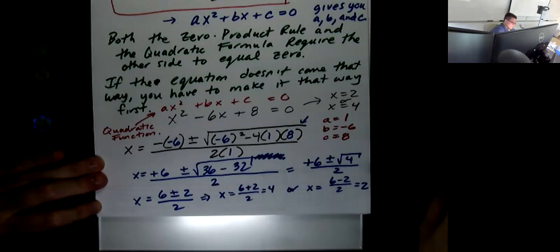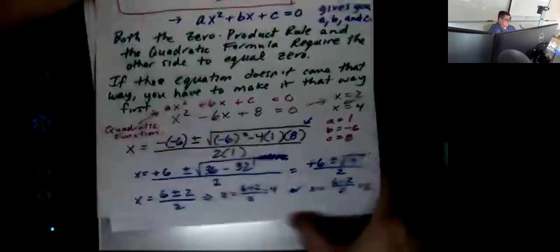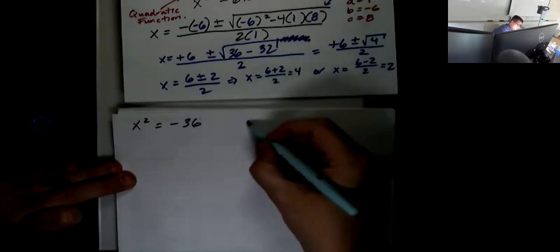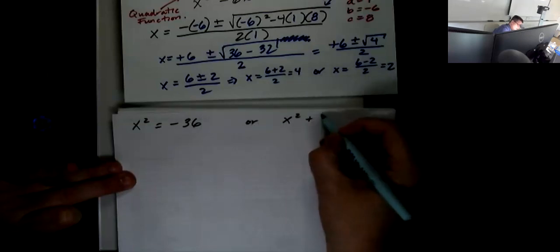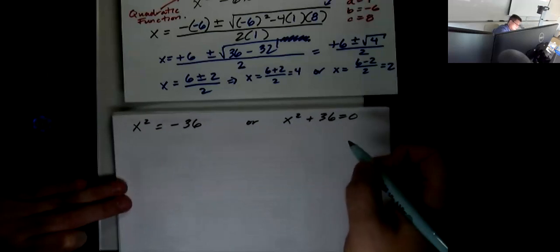Like doing, let's write this down. If we had x squared equals -36, which is the same thing as x squared plus 36 equals 0. This works well either way.